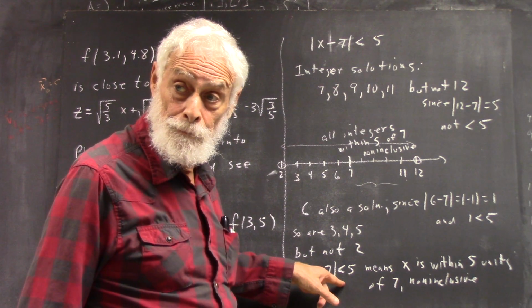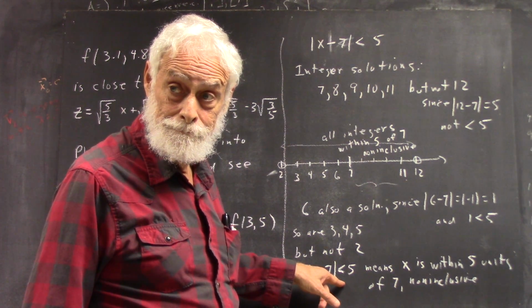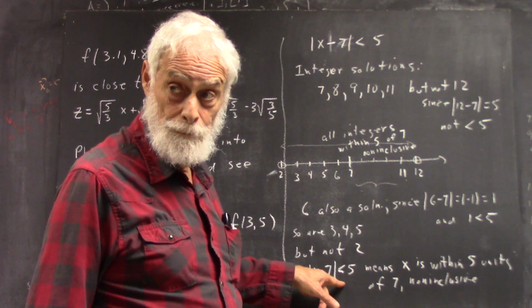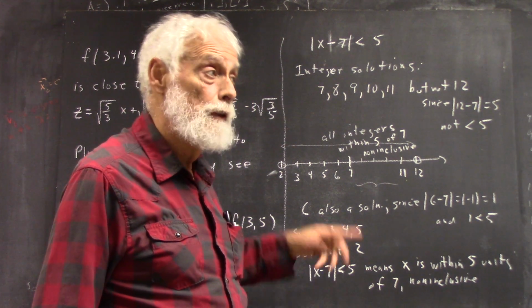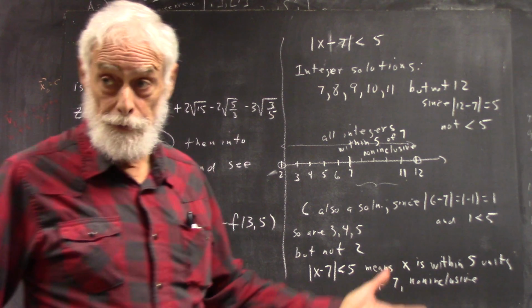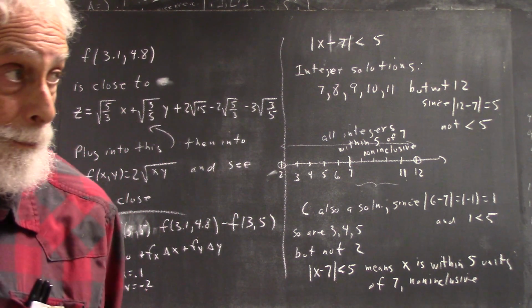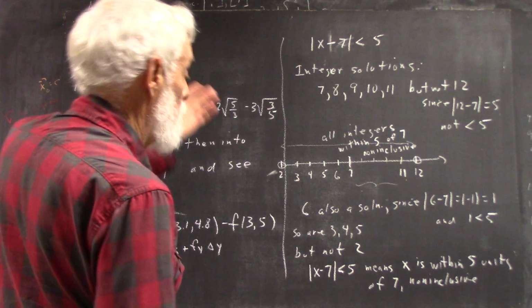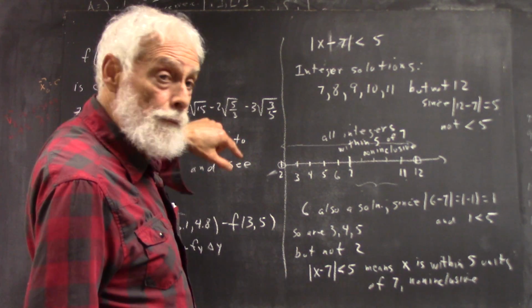Right? That make sense? Should be fairly clear. And if it isn't, you want to ponder it a little bit. Your book tells you the same thing. Okay? And practically any pre-calculus book will tell you the same.